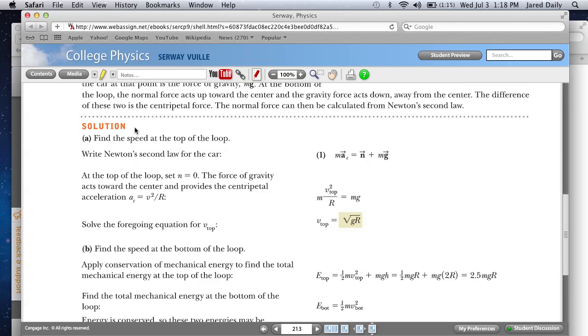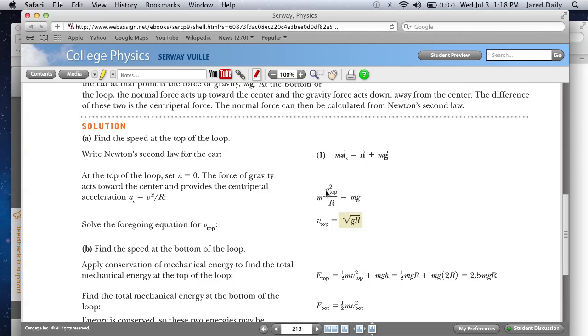So it's almost like the car has gone weightless. And we have this force of gravity that acts towards the center and provides the centripetal acceleration. So essentially, when you solve this equation in that case where n is equal to 0, you get that the gravitational weight is equal to the centripetal force over here.